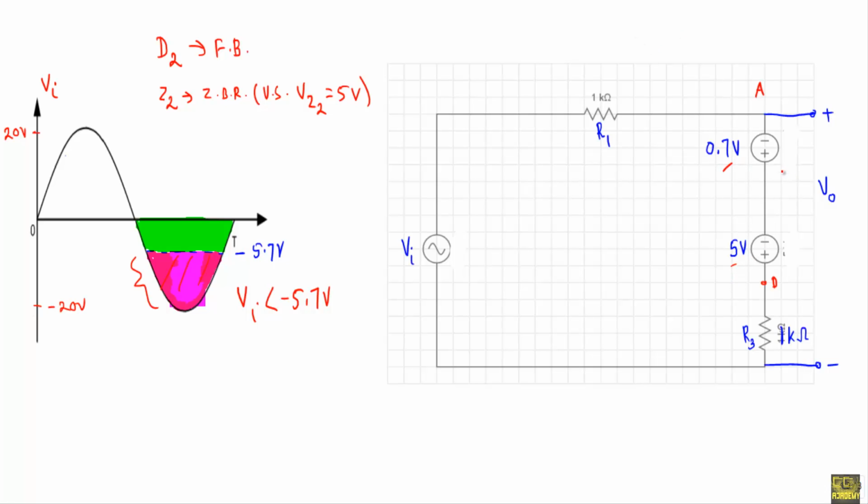So we will get minus 5.7 volt between this A and D terminal as long as Vi is less than -5.7 volt. Now see, in this region our Vi is changing sinusoidally.